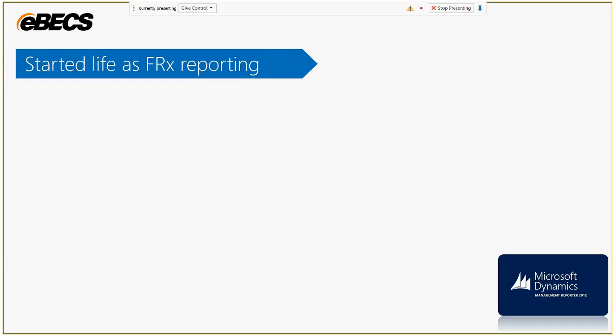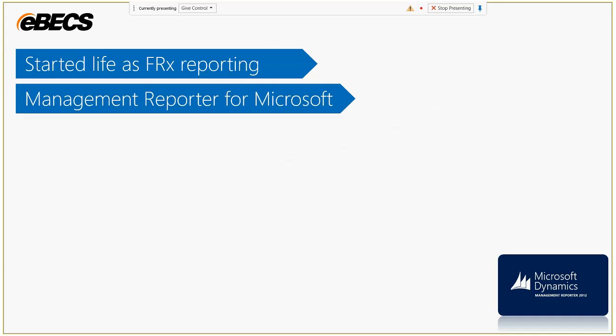The FRX report, as it used to be, was compatible with Sage, and it was also compatible with Epicor and most of the other accounting packages as well. In, I believe, 2009, Microsoft bought FRX, called it Management Reporter, and used it primarily for Microsoft Dynamics. So they took it away from the rest of the market and used it as their reporting tool.